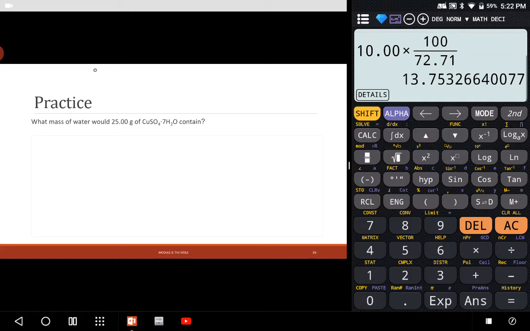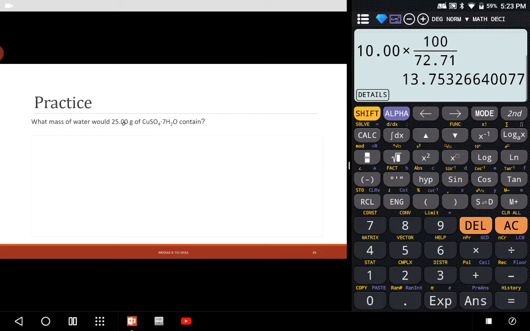Okay, let's work this out. We are not given any information, so we're going to have to use molar masses in order to work this out. But we can take our 25 grams and multiply that by the mass percent composition due to water in order to work out what mass is due to water.